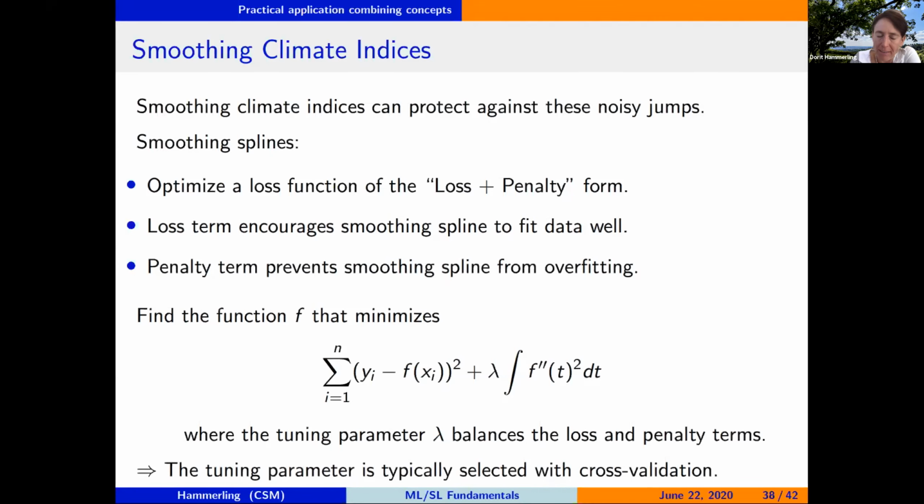The first term on the left here is the fit to the data, and the right term here is the integral of the squared second derivative, and this accounts for how wiggly or how much flexibility we allow in the data here. And again, we have this tuning parameter lambda here that balances the loss and penalty terms. And the tuning parameter is again typically selected with cross validation.